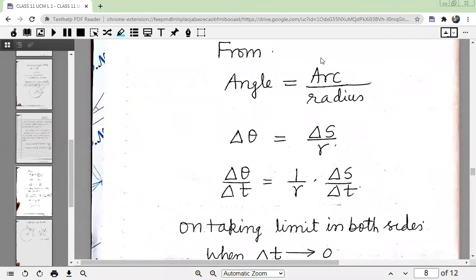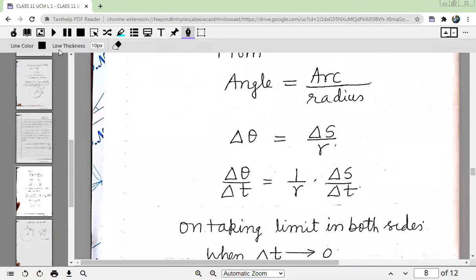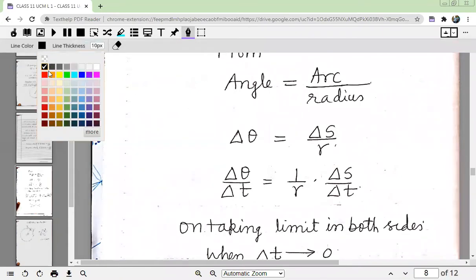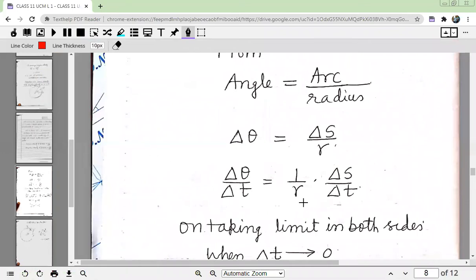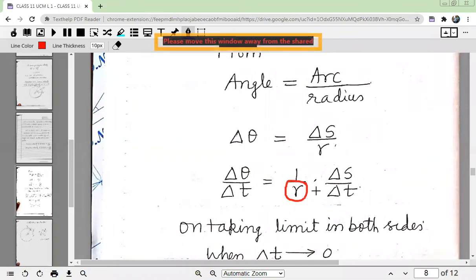It does not depend upon the time interval. There will be no effect on its value due to the time interval.